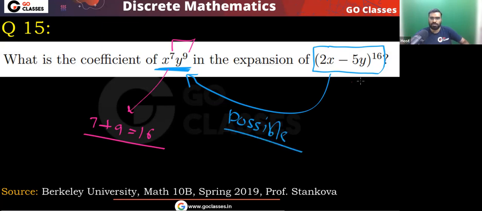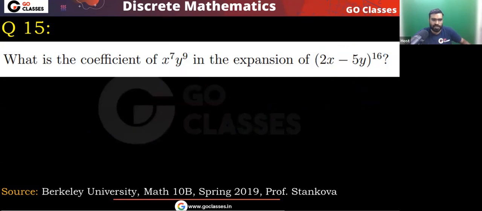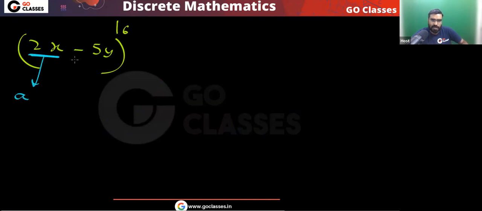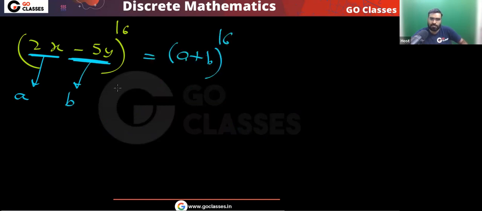Because if you see in this expansion, every term will look like this. If you have (2x minus 5y) power 16, you can consider 2x as A and minus 5y as B. So this is the same as (A plus B) power 16.